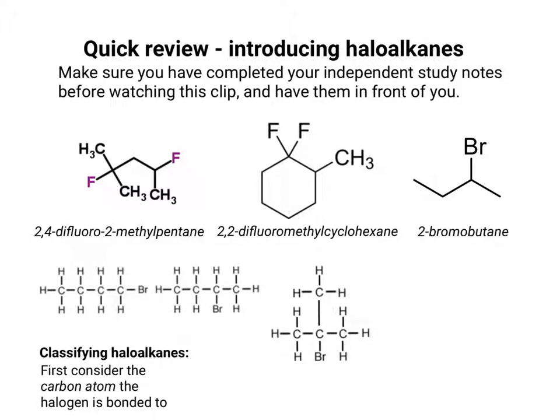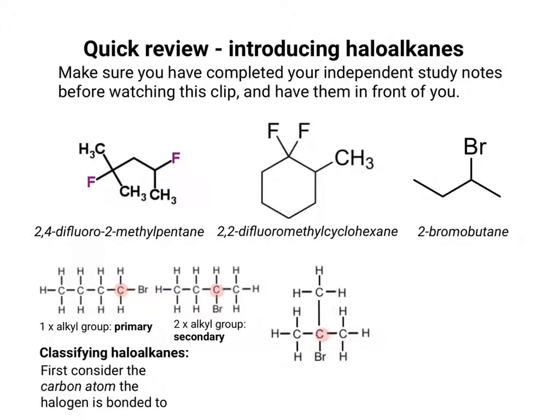When you classify haloalkanes, what you've got to do is consider the carbon atom that the halogen is bonded to, which I've now highlighted on each of these examples. If you have one alkyl group attached to the carbon the halogen is bonded to, then it's called a primary haloalkane, in exactly the same way that alcohols are classified.